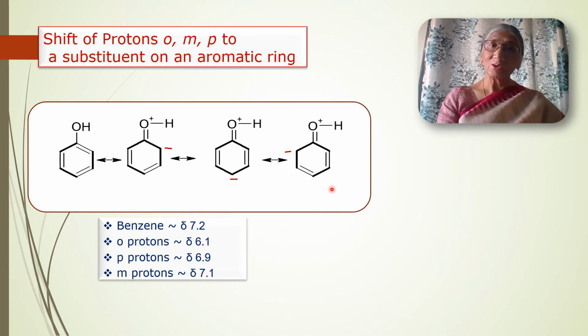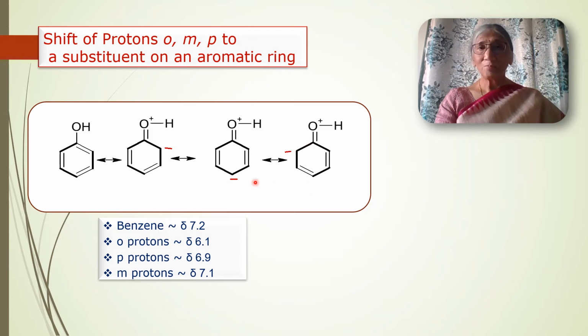In these three canonical structures we see electron density is increased at both the ortho positions and at the para position as compared to the electron density at the meta position.